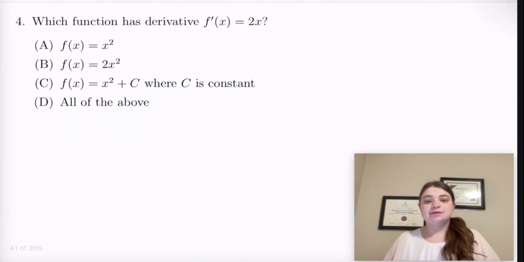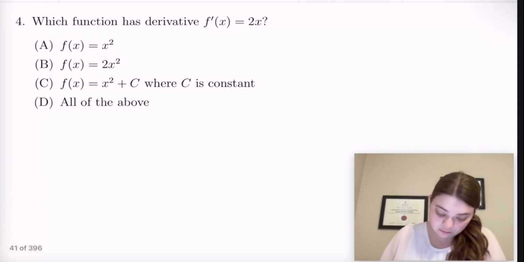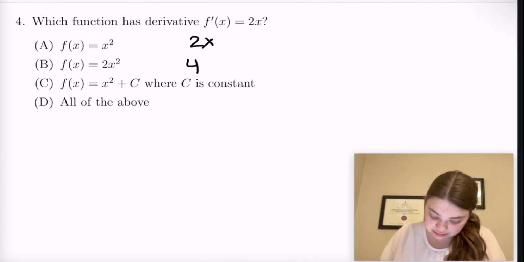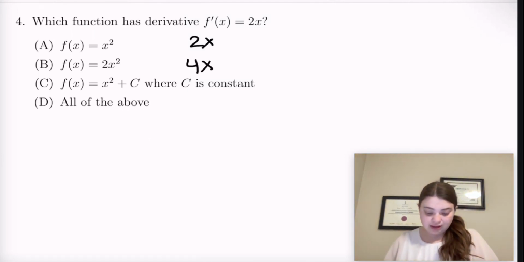The next one asks, which function has derivative 2x? All right, well, let's see. The first one here, if we take the derivative of x squared, we do get 2x. If we take the derivative of 2x squared, we would actually get 2 times 2x, which is 4x, so that one wouldn't be right.